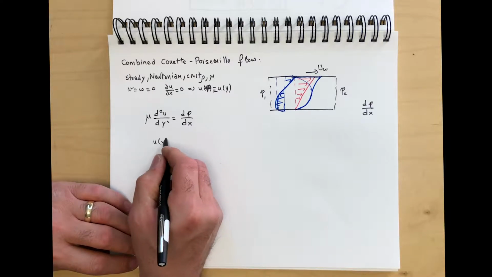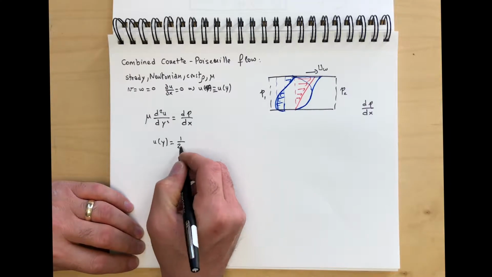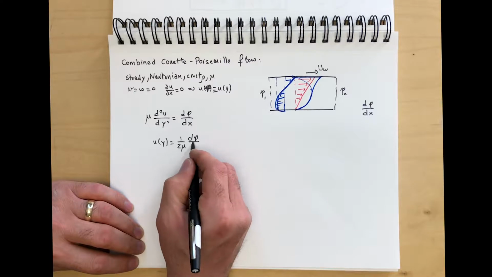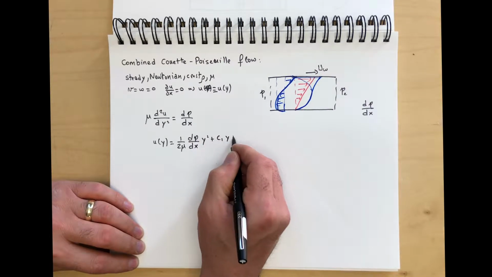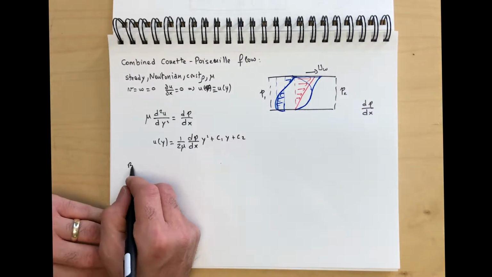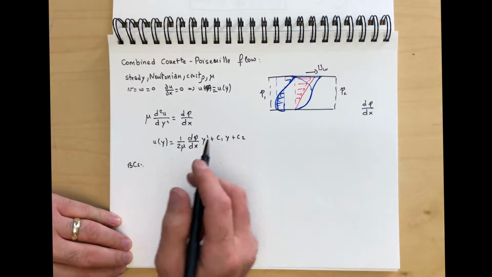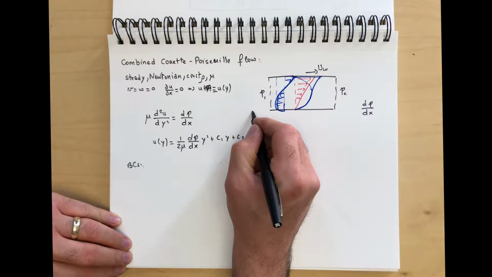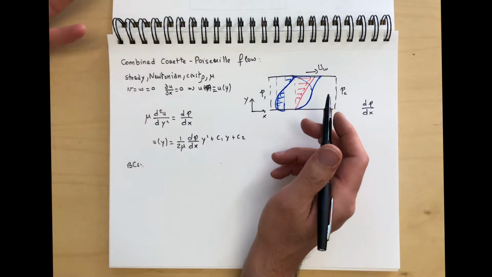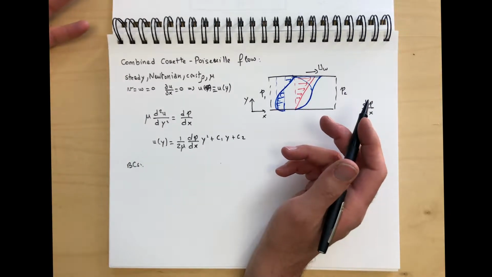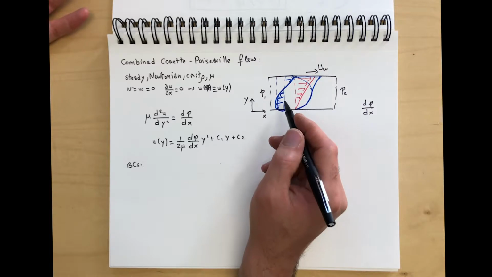Remember, this u of y was 1 over 2 mu dP by dx y squared plus c1 y plus c2. Boundary conditions. In this case, we're going to put the coordinates at the bottom over here, just because we can. And really, this flow is expected to be asymmetric, so there's no preference for where we're going to place y.